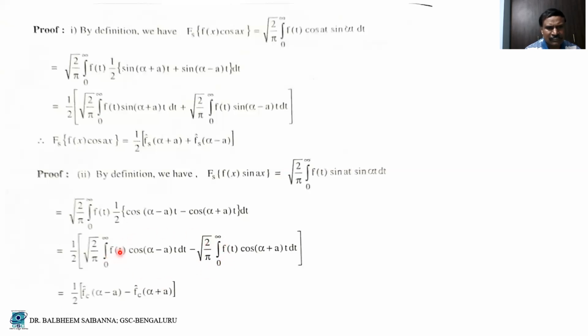Now look at this one, cos is there, so by the definition of the cosine transform, root 2 by pi integral 0 to infinity f of t cos(alpha minus a)t dt can be written as Fc of alpha minus a, and this is Fc of alpha plus a.